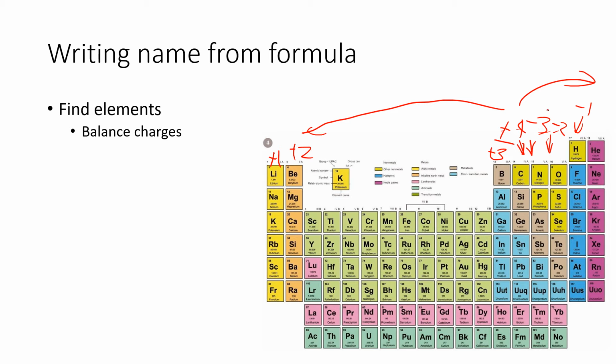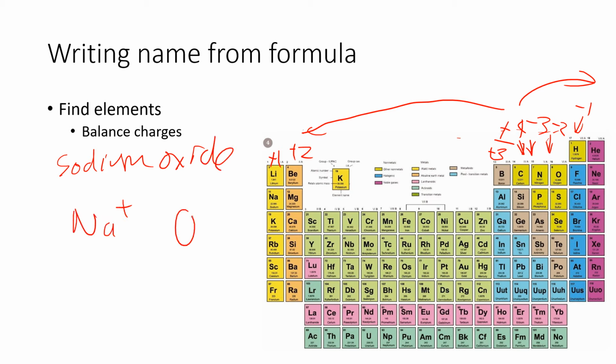Group 5 is -3, group 6 is -2, and group 7 or the halogens are -1, okay?